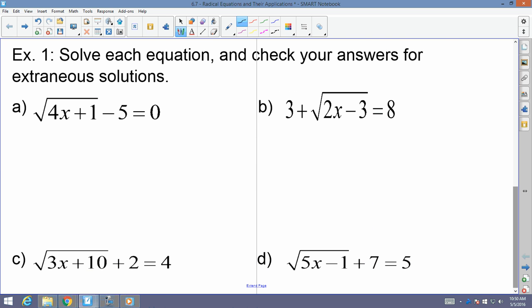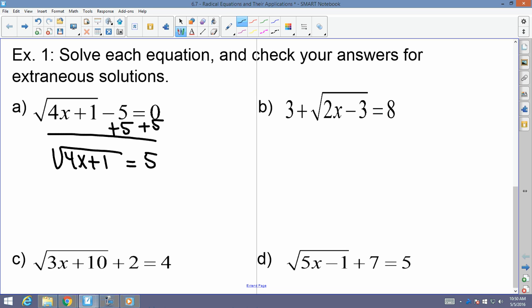So let's do it. I'm going to go ahead and isolate the radical. I want to get the radical by itself, so I'm going to add 5 to both sides. So I've got the square root of 4x plus 1 equals 5. How do I get rid of a square root? Squaring it. Very good. Whatever I do to one side, I must do to the other. So 4x plus 1 equals 25.